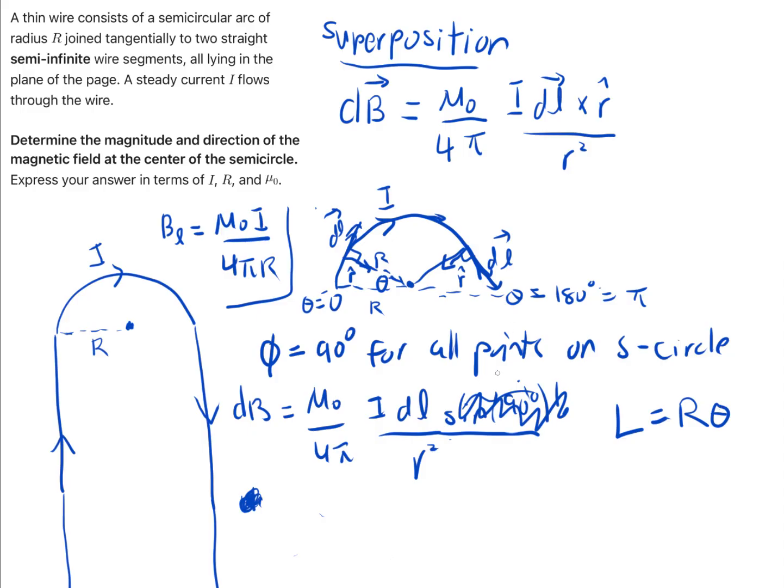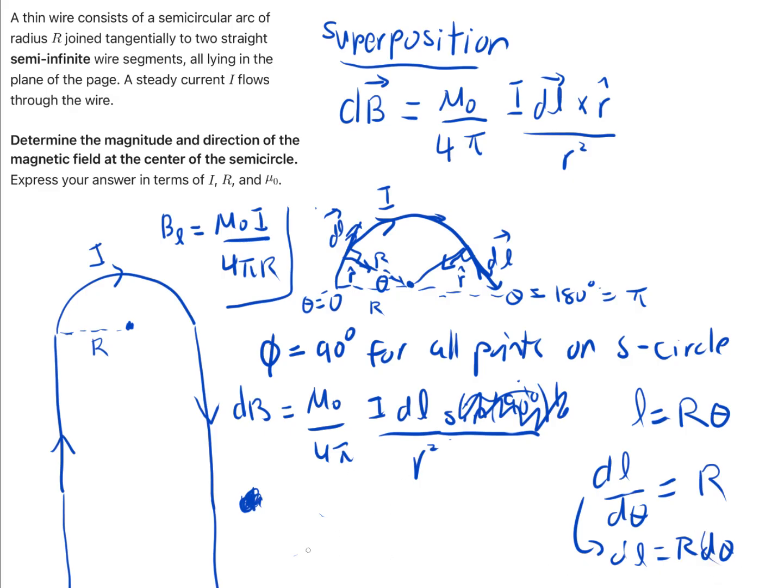So if we use this relation, then we can differentiate to get that dl d theta is just equal to r. So then dl is equal to r d theta. And also, it doesn't really matter here, but probably should have used L just to keep things consistent. So we can use this relation to plug in something in terms of theta.